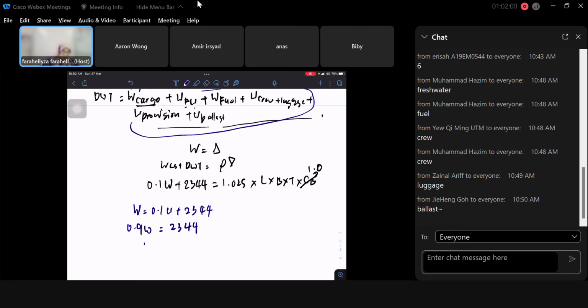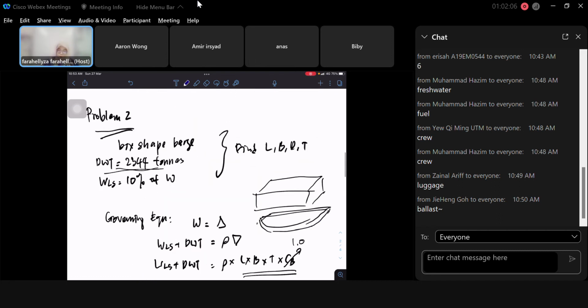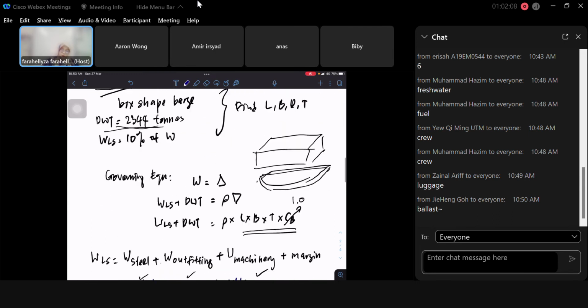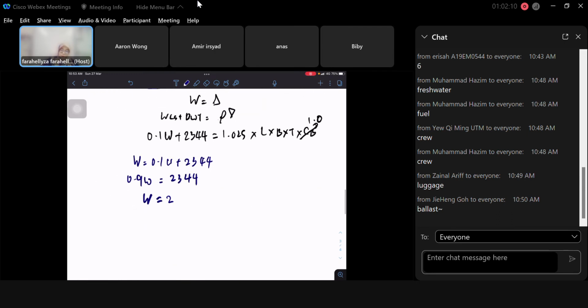So you can get W is equal to 2604.44. Okay, so that is the left part.